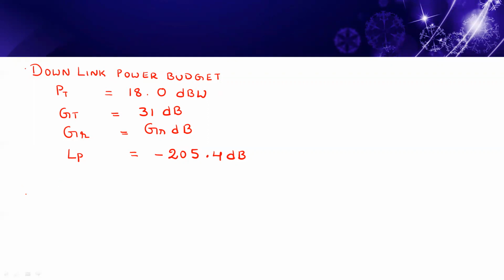Now the path loss to the contour of the antenna. What is the value here? Minus 3 dB. If there are any other losses, 0.8 dB. What is the receiver power here? PR.